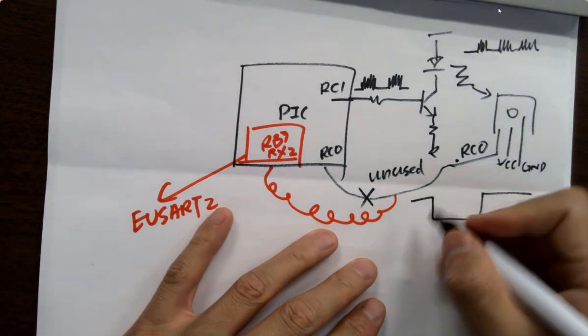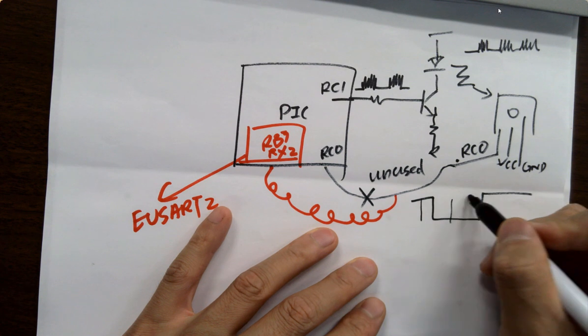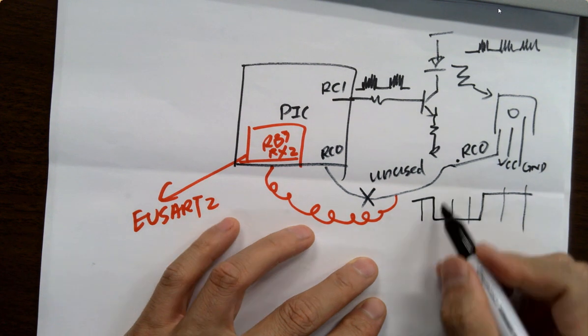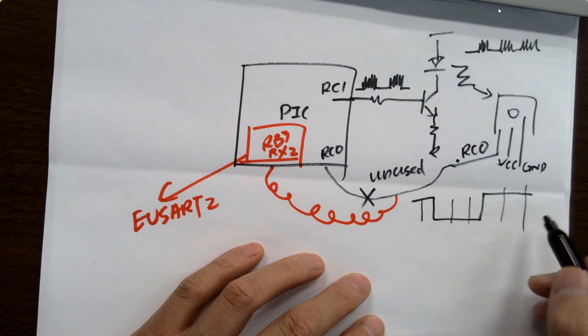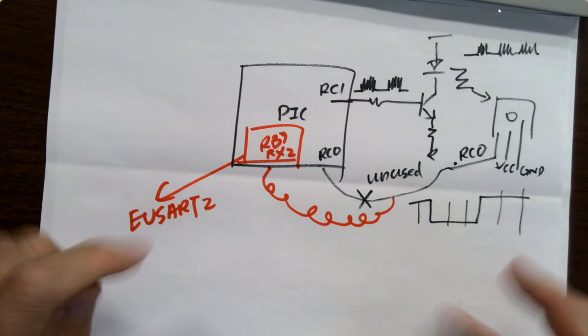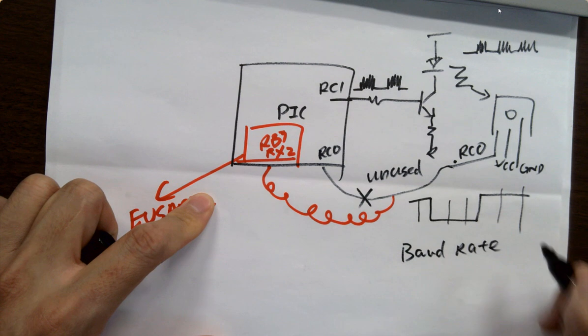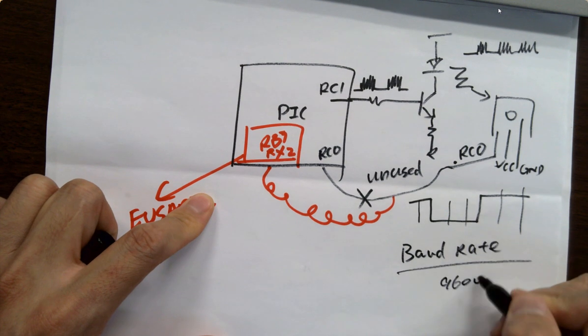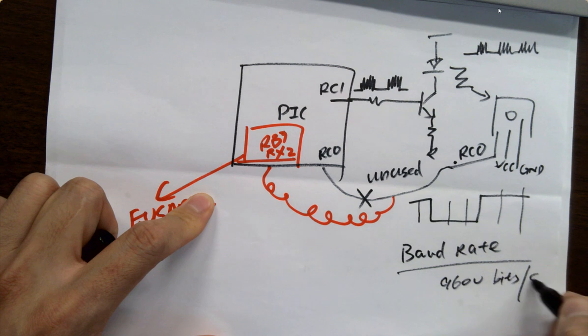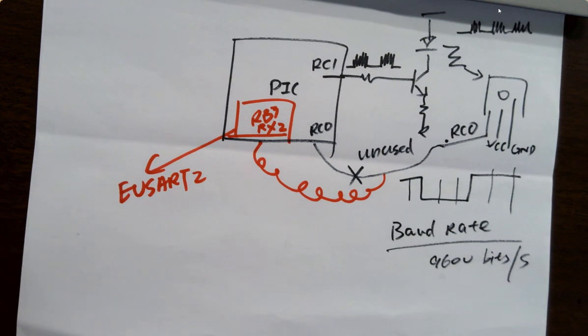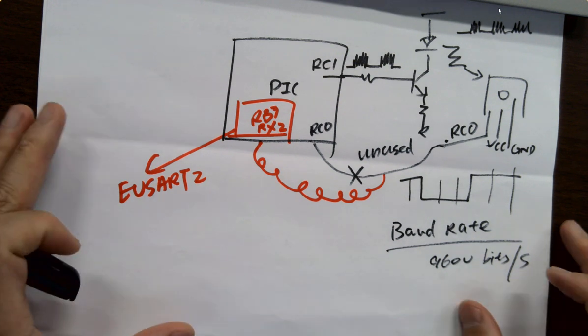So I know that this is 2 bits, this is 3 bits, this is 2 bits, with a certain frequency. This is controlled by a baud rate. Does it have to be 9600? No. It doesn't have to be 9600, right?